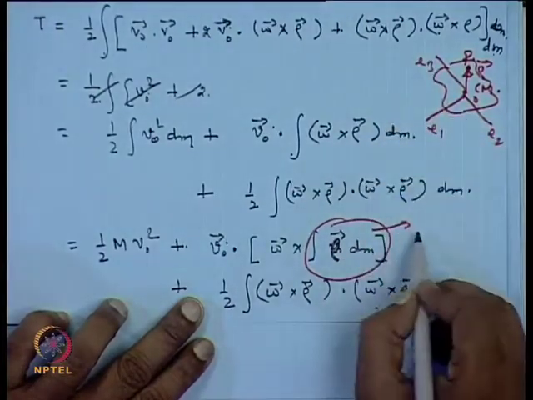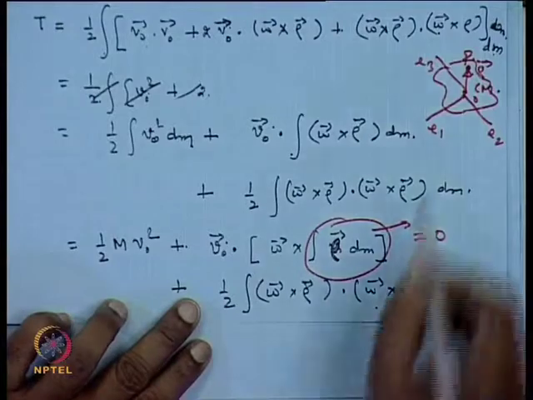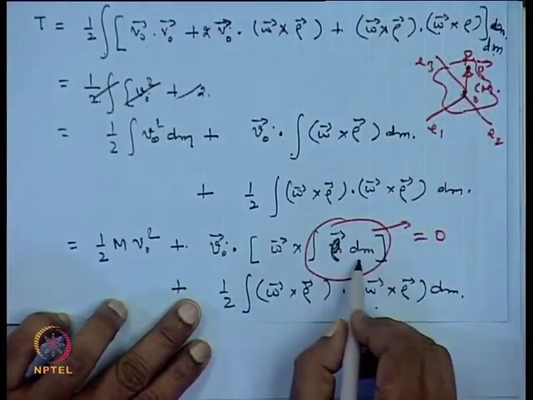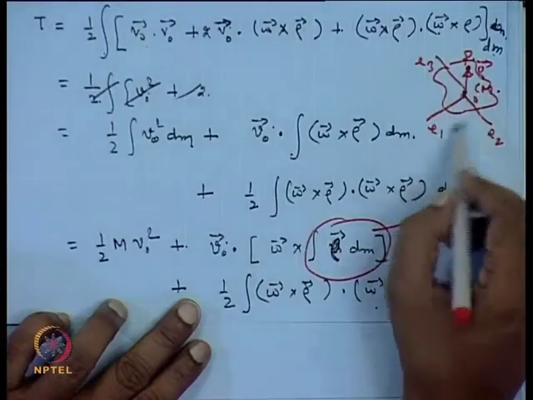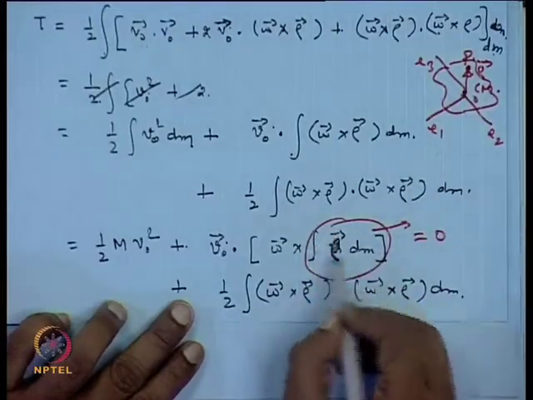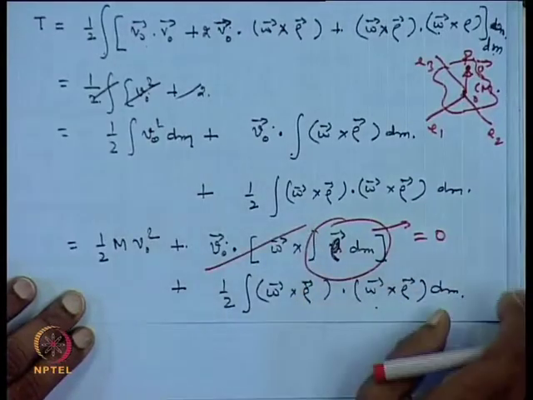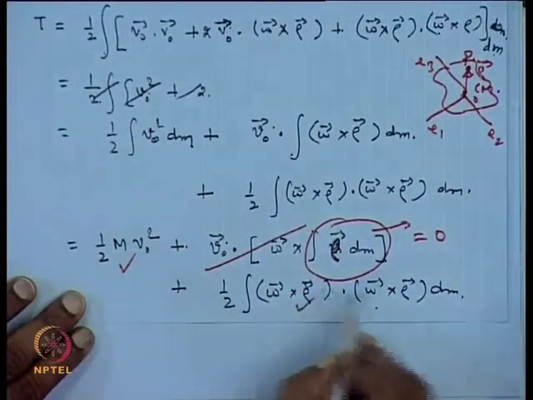So, this quantity will turn out to be equal to 0, because the moment of mass about the center of mass, integrated over the whole body, is 0. So, this term drops out, leaving us only these two terms.